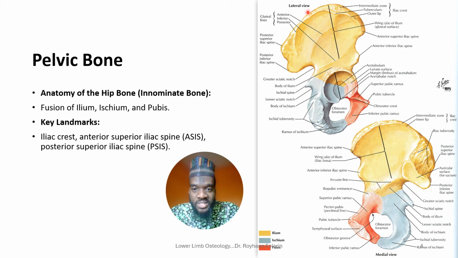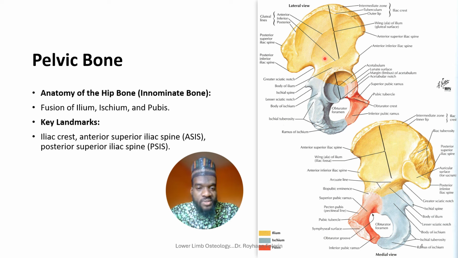It's wing-like, and you could imagine it's more like a hand fan that you could use to blow something. So this surface of the ala is known as the gluteal surface, because it's on this surface that you have attachment of the gluteal muscles.